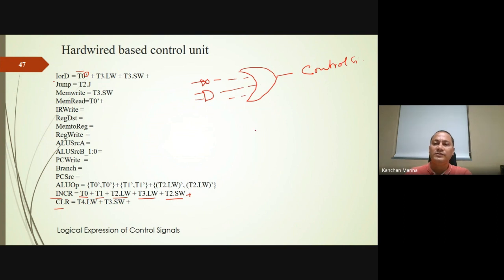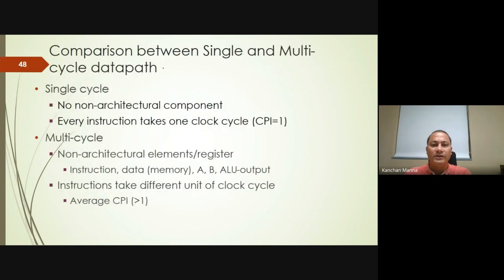So this would be the AND-OR combination. In this way we generate the circuit for generating the control signals, and this approach is called the hardware-based control unit.